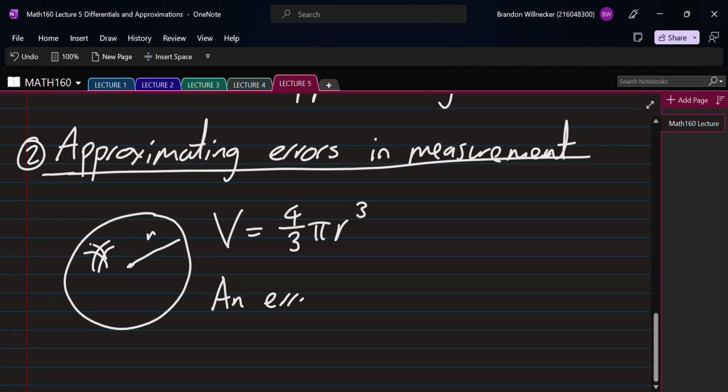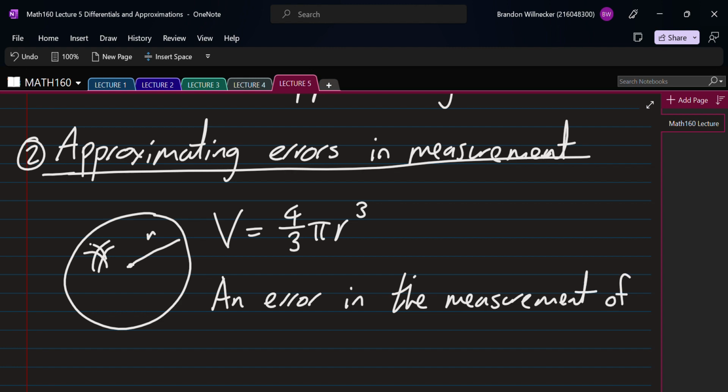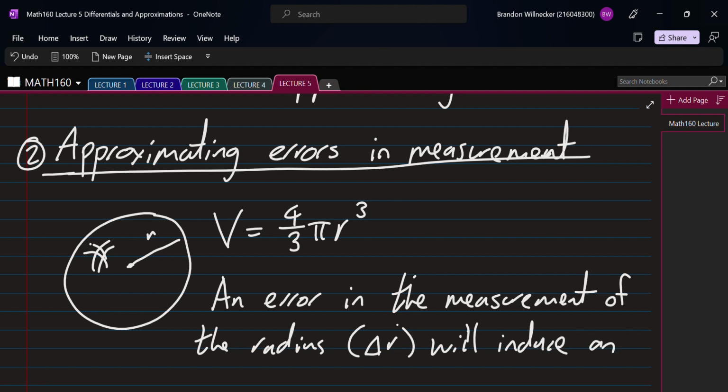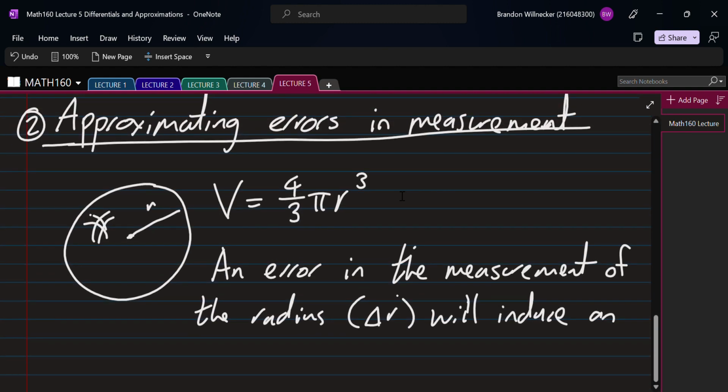Let's call this error in the measurement of the radius delta r. It will induce an error, let's call that delta V, in the volume.